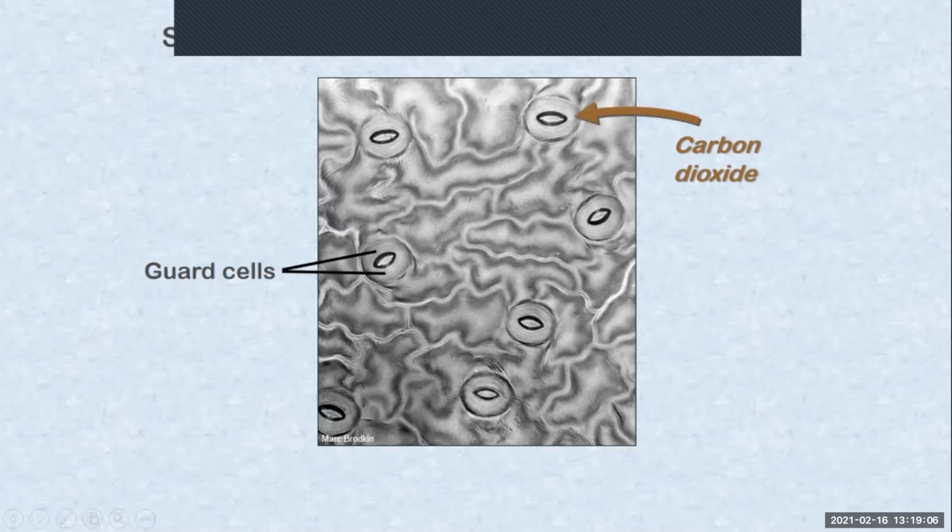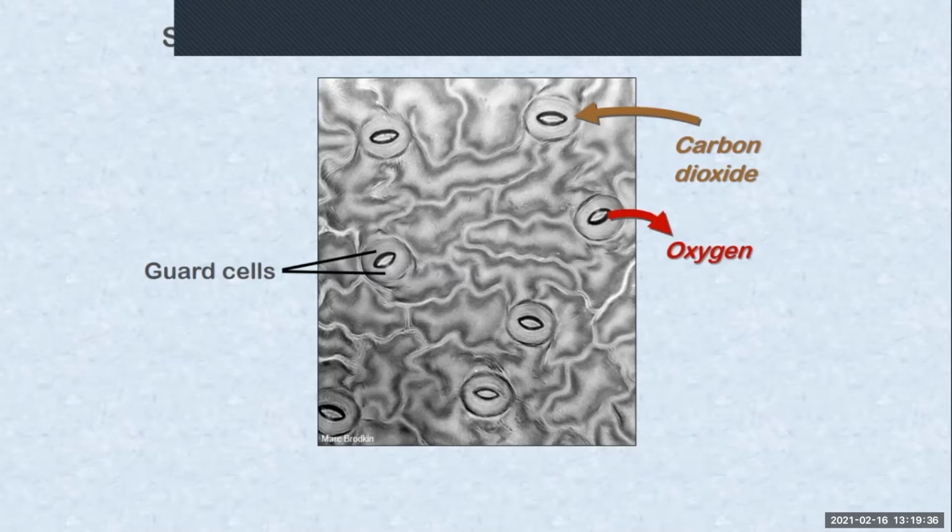Carbon dioxide from the atmosphere is going to move into these openings and is utilized in photosynthesis, which we'll talk about in a minute. And kids all learn that green plants are good because they produce oxygen. Oxygen is a byproduct of photosynthesis. So oxygen is released through these stomates.